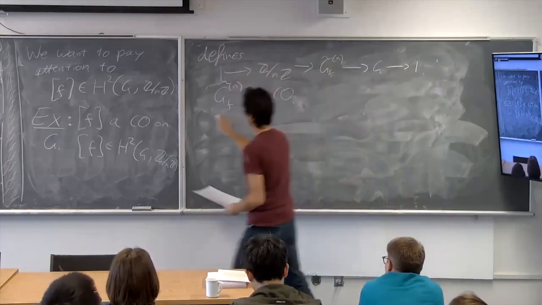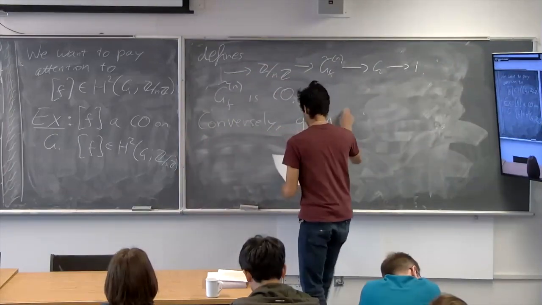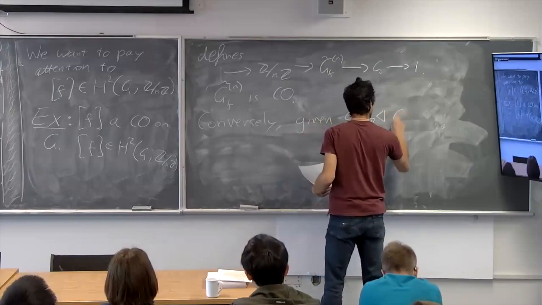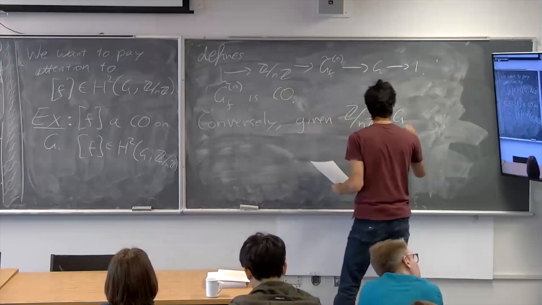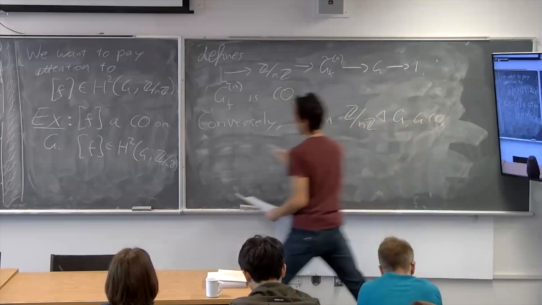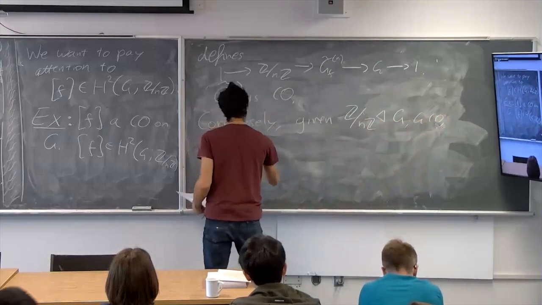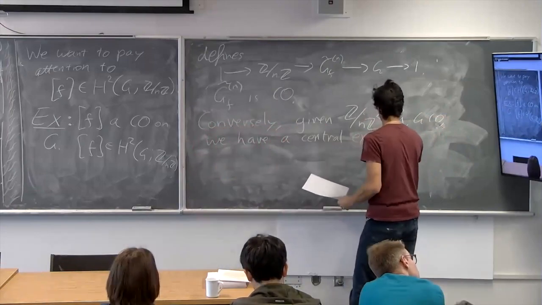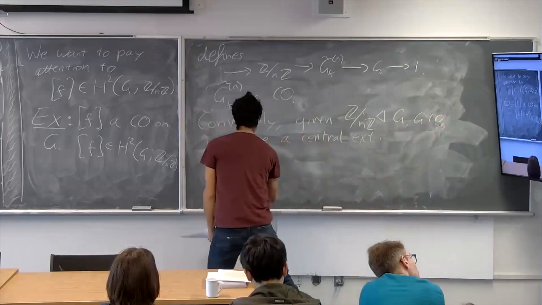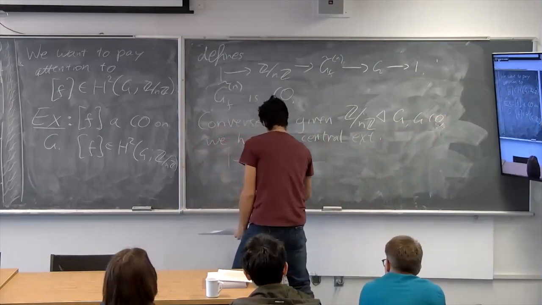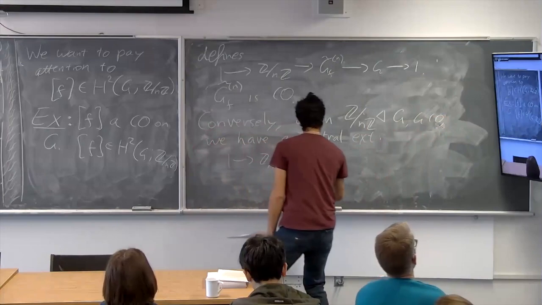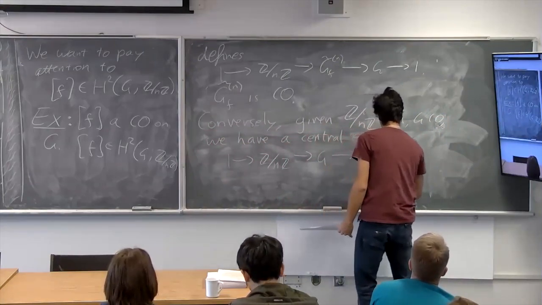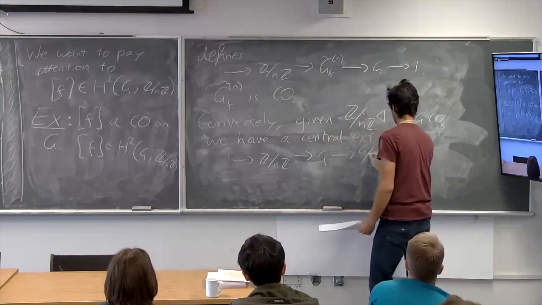All right, so conversely, given a normal subgroup Z mod NZ, normal inside G, where G is circularly orderable, we have a central extension 1 goes to Z mod NZ, goes to G, goes to G mod Z mod NZ, goes to 1.